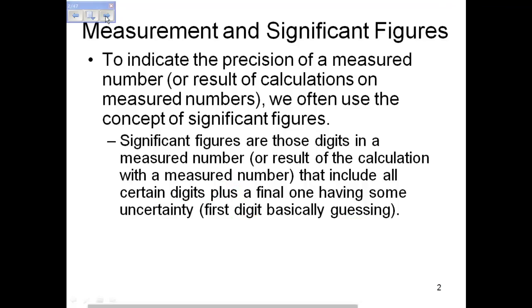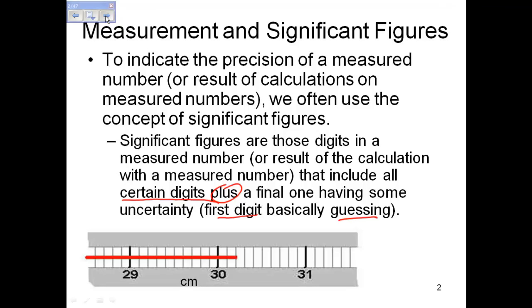Let's look at this line here that I'm trying to measure with a meter stick. Say I wanted to measure this line, and I go ahead and say, looking at it, that it's 30.2246743 centimeters. Well, is that number realistic or not? Let's look at the numbers and see which ones we're certain of and which ones we're not.